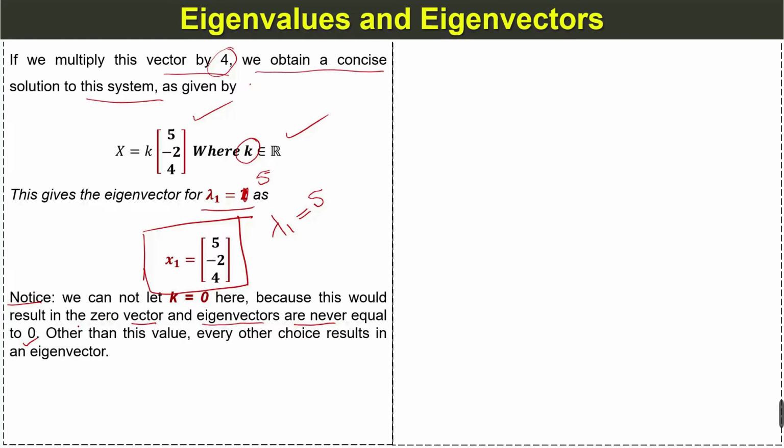Other than this value, every other choice results in an eigenvector. So we can take any value other than this one.